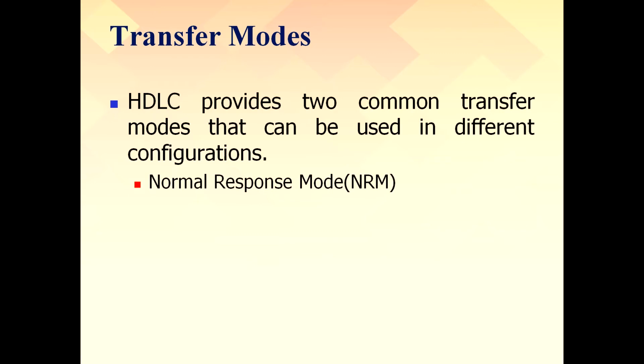By using these stations, we configure the different transfer modes. The two types of transfer modes are the first one, Normal Response Mode, NRM, and the second one, Asynchronous Balanced Mode, ABM. By using these two modes, we transfer our data from one device to another device. Now let us discuss one by one.